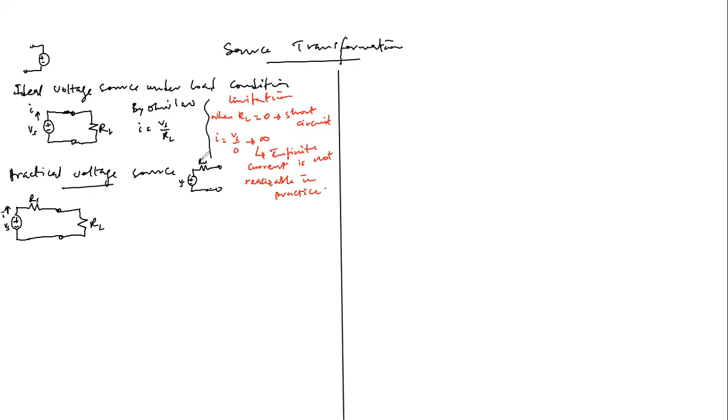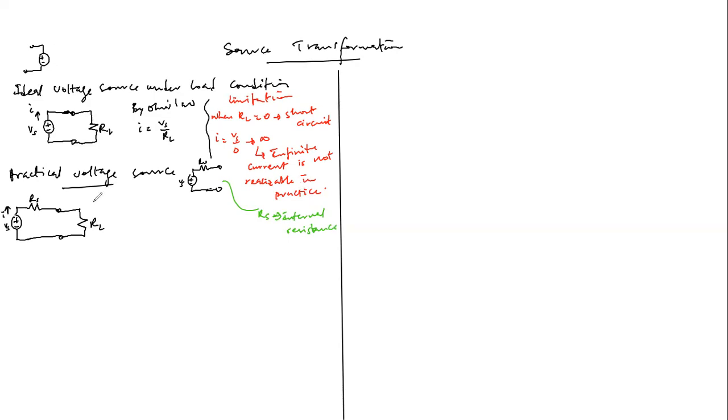In this case, RS is the internal resistance that limits the current from extending to infinity.